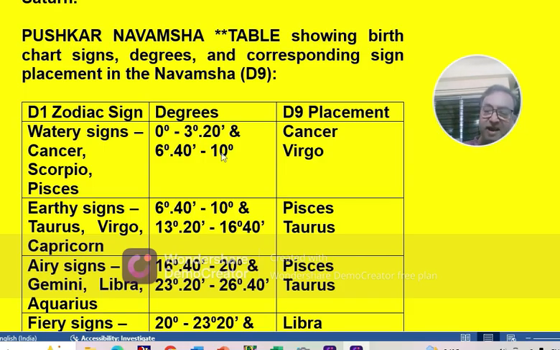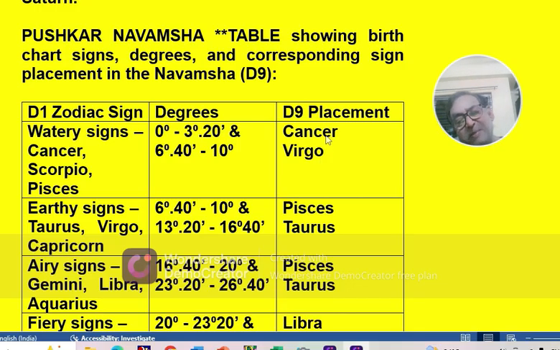Where will they go if a planet is there in your watery sign, say Cancer, Scorpio and Pisces, between 0 degree to 10 degree? They will go either to Cancer sign in the Navamsha or Virgo sign in the Navamsha.